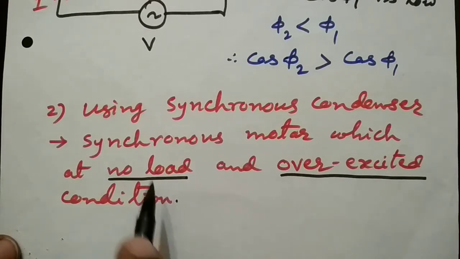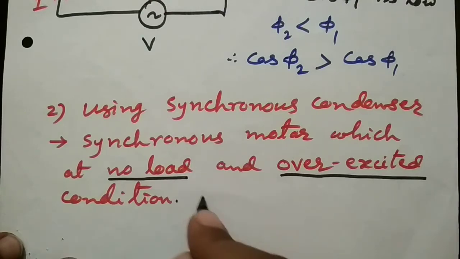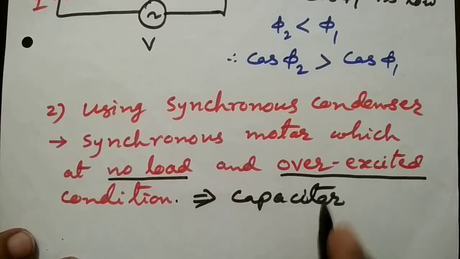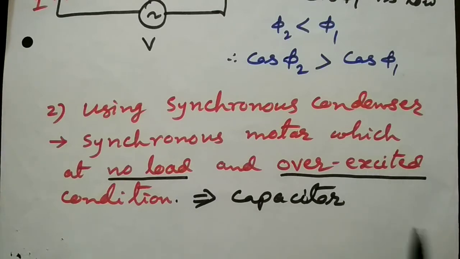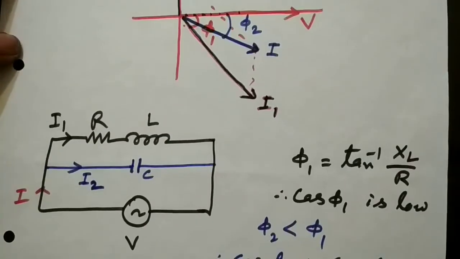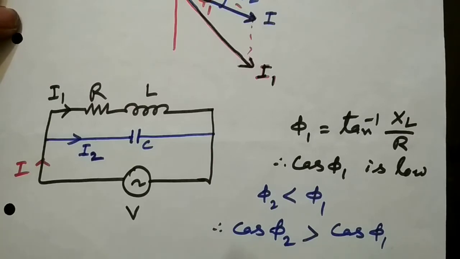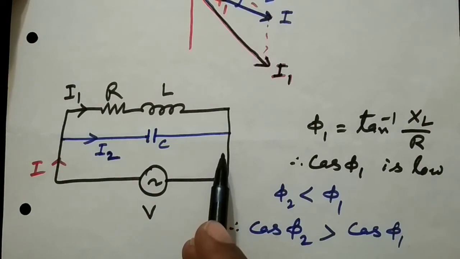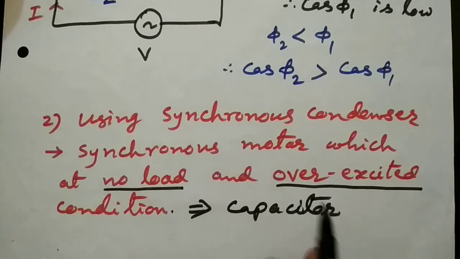When the synchronous motor is running at no load and overexcited condition, it behaves like a capacitor. That means in this condition, the synchronous motor will draw leading current from the supply. So if we add the synchronous condenser parallel to the load, it will be just like a capacitor, and by this method also we can improve the power factor of the circuit.